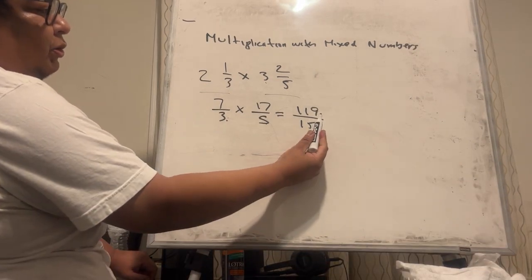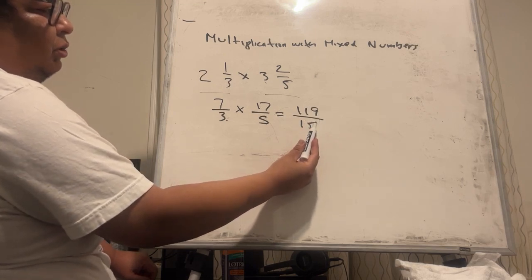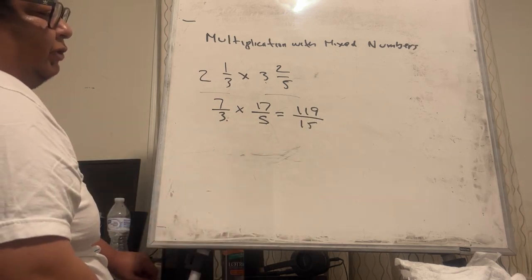Now the way you do it is you turn this one into a mixed number, but let's see if we can simplify first.